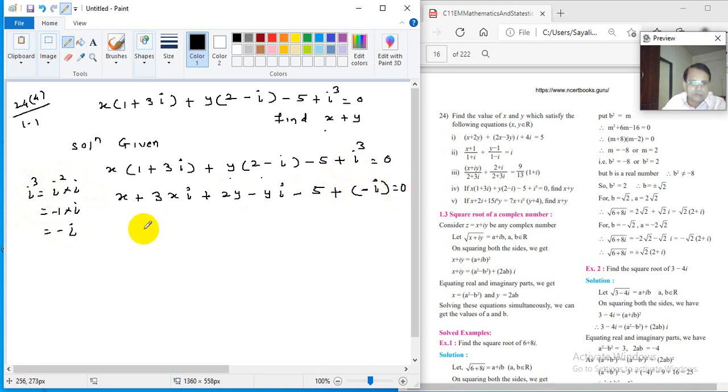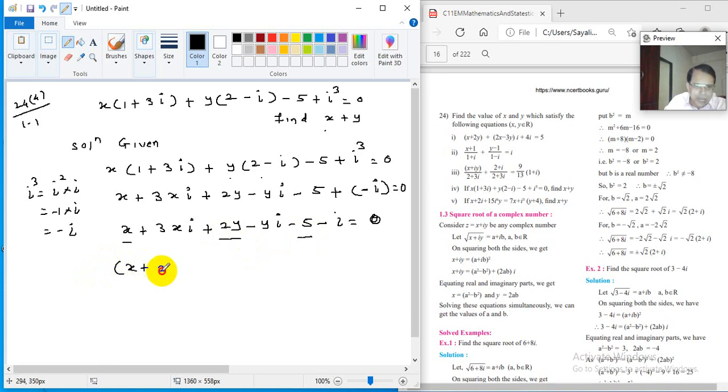Now take the real parts together. Let us write this properly first: x + 3xi + 2y - yi - 5 - i = 0. So x, 2y and minus 5 is the real part, so I can take it together: x + 2y - 5, plus i into, look at the terms which are double underlined: this is 3x, this is minus y, and this is minus 1.